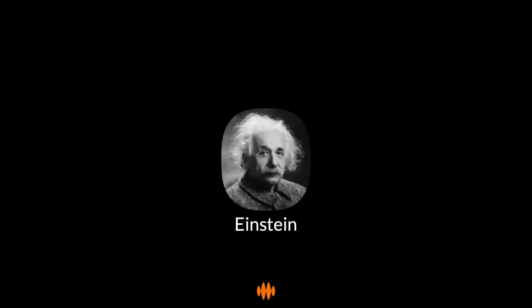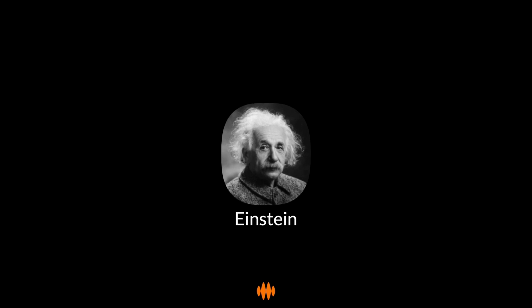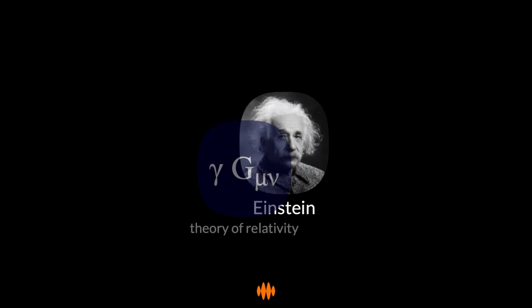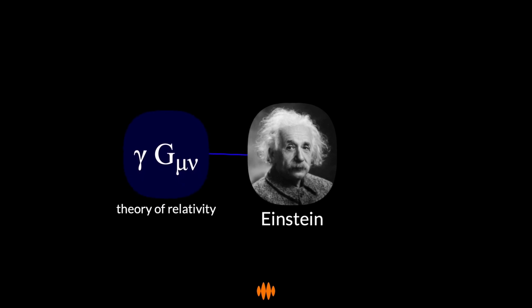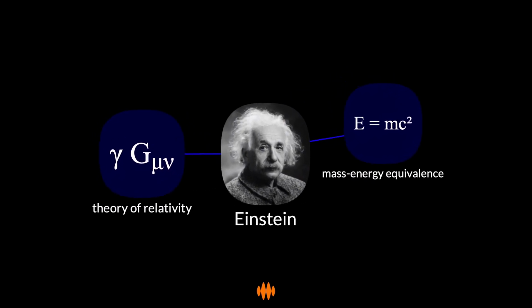Take Einstein. There's a node in Open Web Mind that represents Albert Einstein. What comes to mind when you think of Einstein? Well, his theory of relativity, of course. Also, that most famous of equations, E=mc².